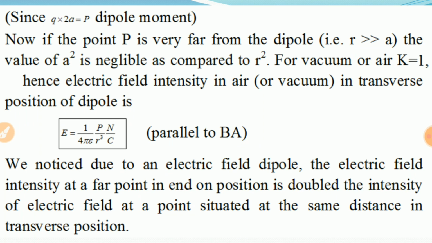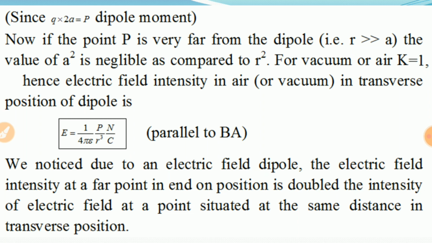Since r is greater than a, the value of a square is negligible as compared to r square. For vacuum or air, K is equal to 1. Hence, the electric field intensity in air in the transverse position of the dipole is E is equal to 1 upon 4 pi epsilon, P upon r cube, Newton per Coulomb along the PA direction.